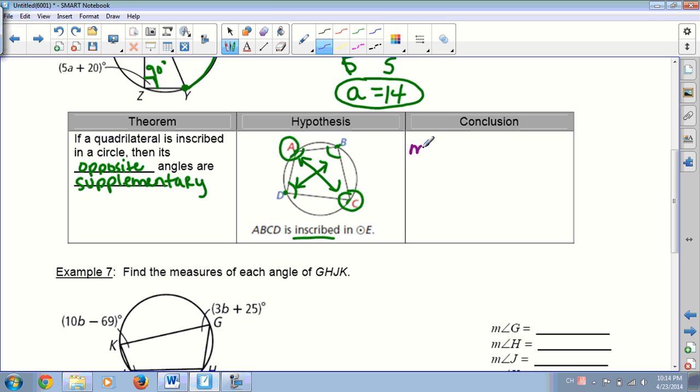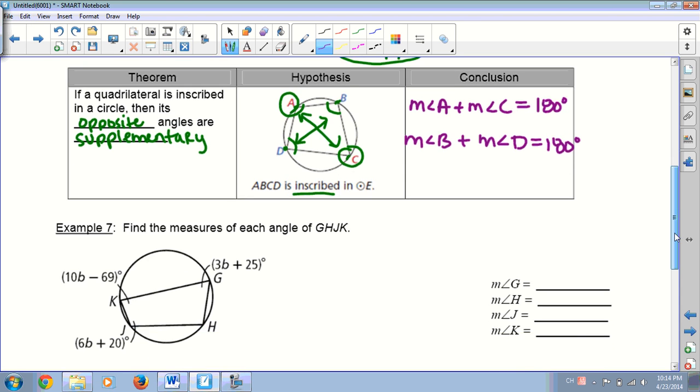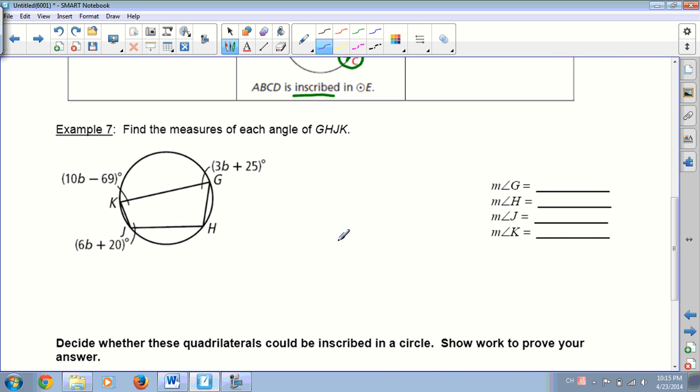So the measure of angle A plus its opposite angle, the measure of angle C, have to add together to equal 180 degrees. And then vice versa, the measure of angle B added to its opposite, the measure of angle D, has to equal 180 degrees. Okay? Well, we're going to use that concept on example 7, but we're going to save that one for class.